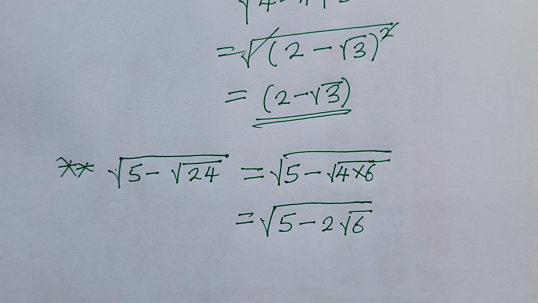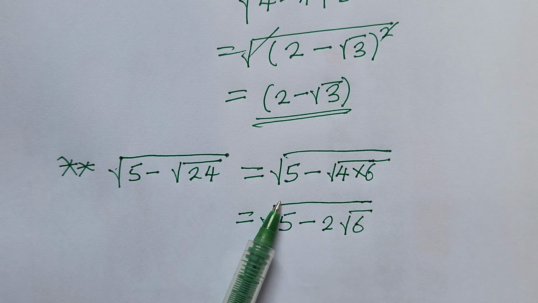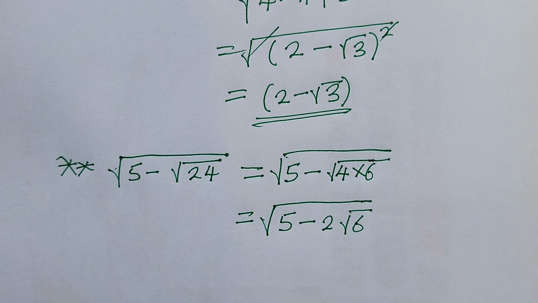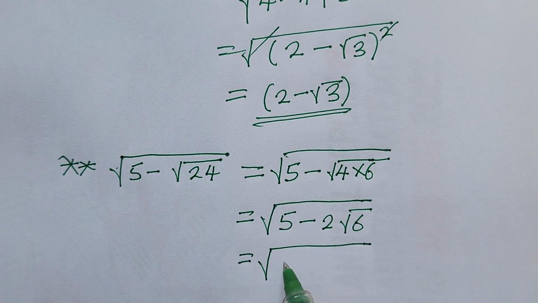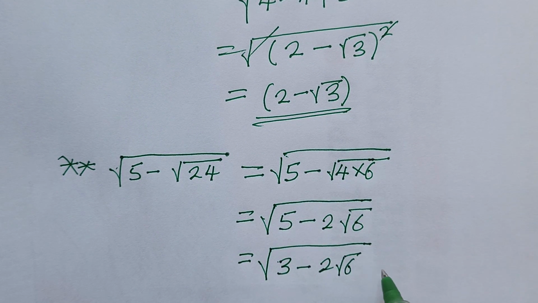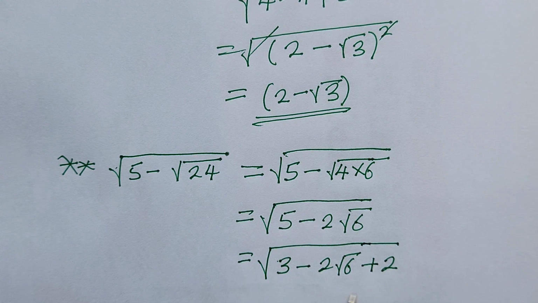Easy. Now, we want to look at how we can factorize this expression to give us a square from it, whereby the square will not cancel this radical here. So we can rewrite this as the square root of 3 minus 2 times the square root of 6 plus 2. If we add this 3 to this 2, it gives us 5 here.